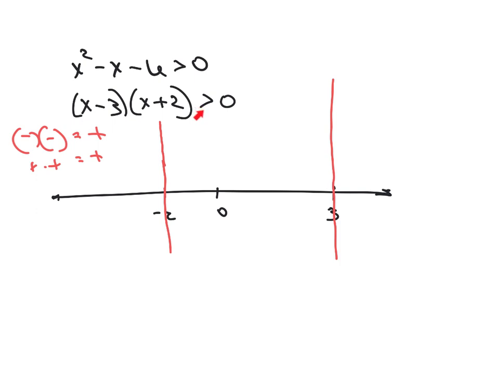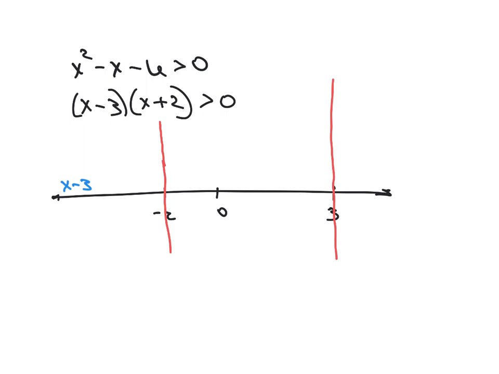So that's what I'm looking for. Two values I can put in here for x that when I multiply, I get a number greater than 0. So let's look at this. Let's look at numbers that would make x minus 3 give me a positive answer or a negative answer.